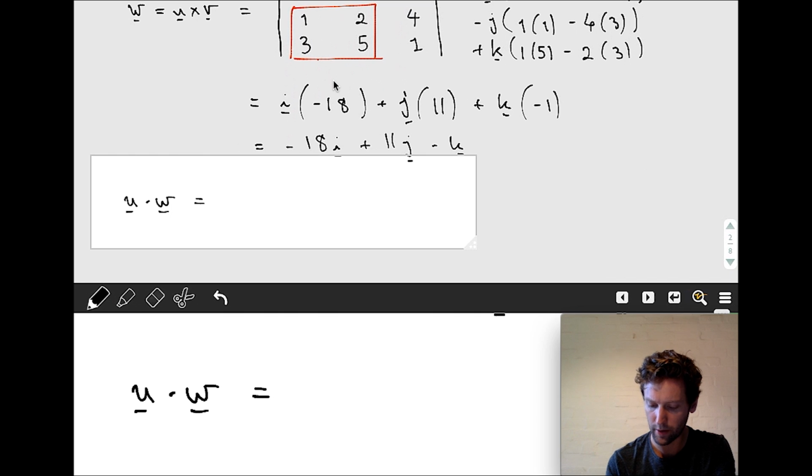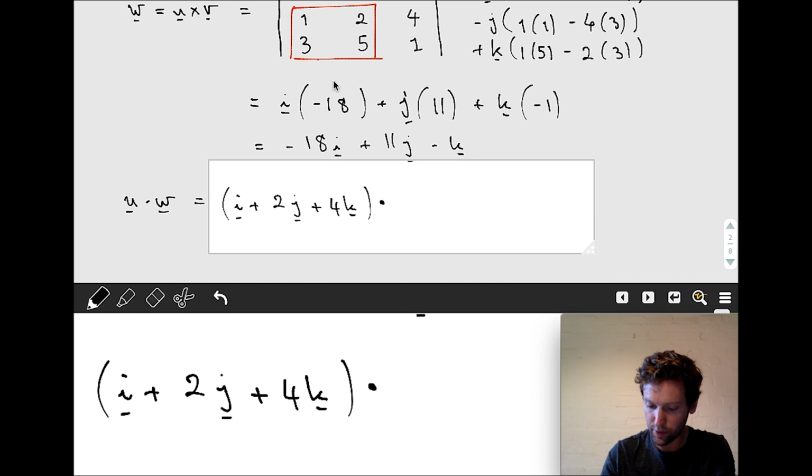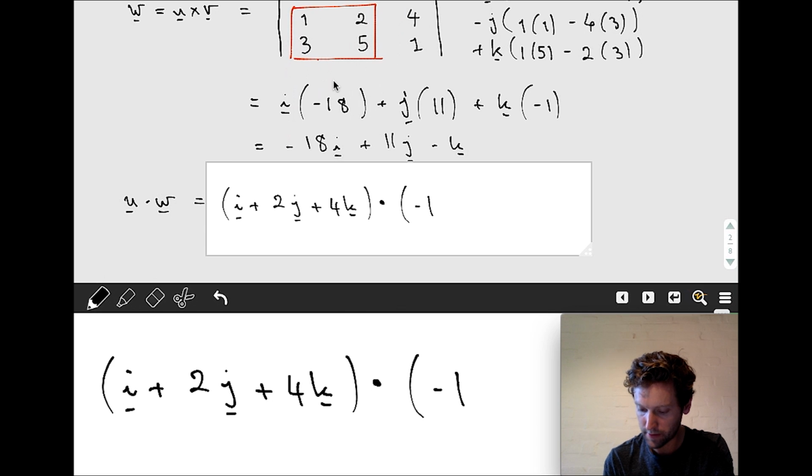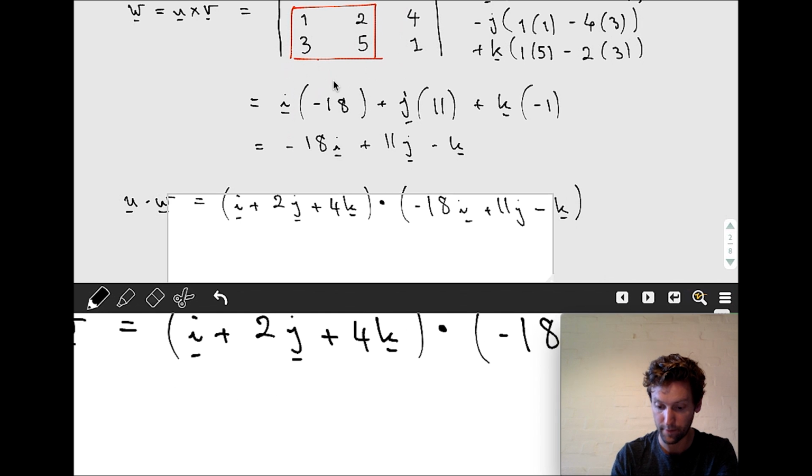So u is given by i plus 2j plus 4k. And we're dotting that with w, which we've just calculated, minus 18i plus 11j minus k vector. So I've written here the dot product in terms of ijk's this time.